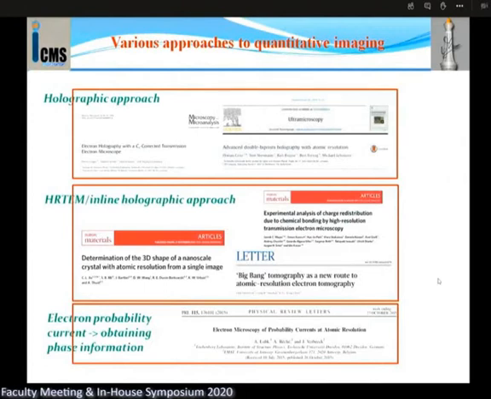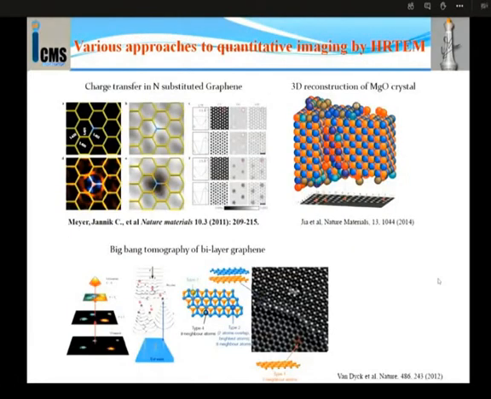So now there are examples in the literature. You can do quantitative imaging following different routes. You can follow the holographic approach, you can follow the HRTM approach, and there are also other methods like electron probability current. Some examples from literature: here is an example of nitrogen doped graphene.